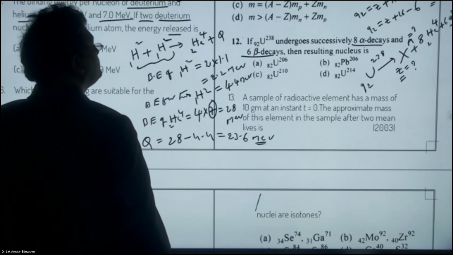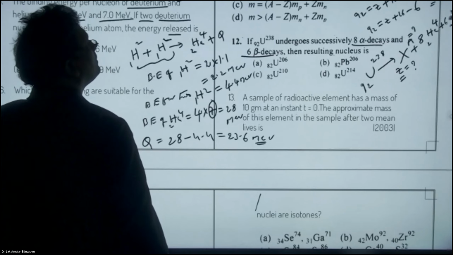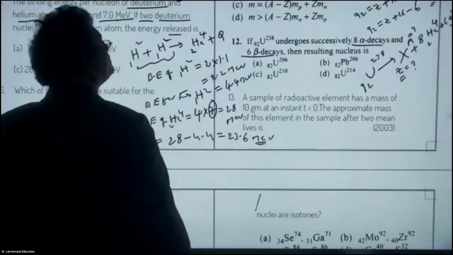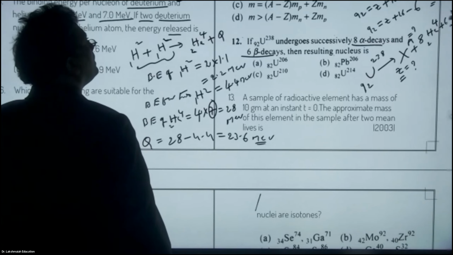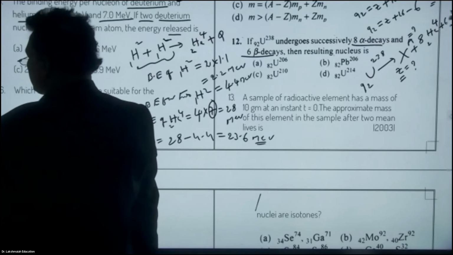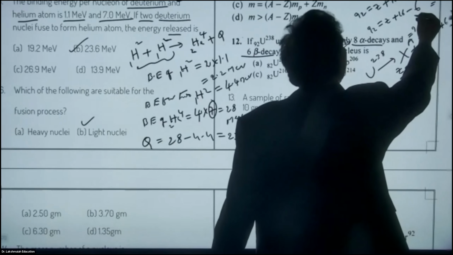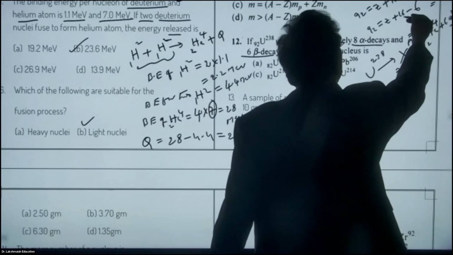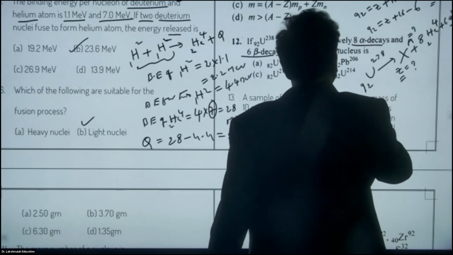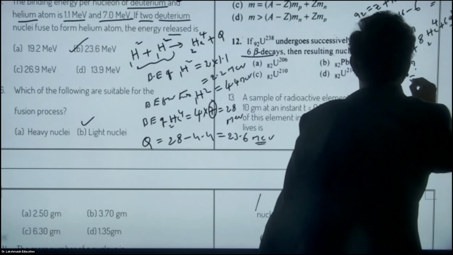What is Z value? Sir, 102. Z is 82. Is it correct? See, 16 minus 6, 10. We take that one. Z is equal to 82. So yes, sir, 82.